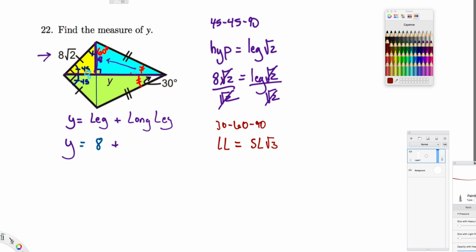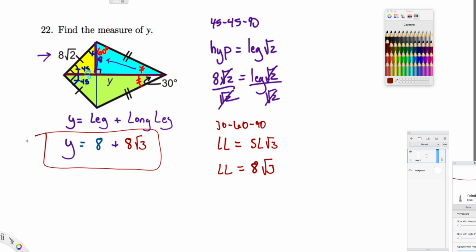So the long leg we're looking for, the short leg is 8. There it is. So 8 plus 8 root 3 is our answer, and we cannot combine those. They are not like terms. So that's it. I'm going to leave it like that.